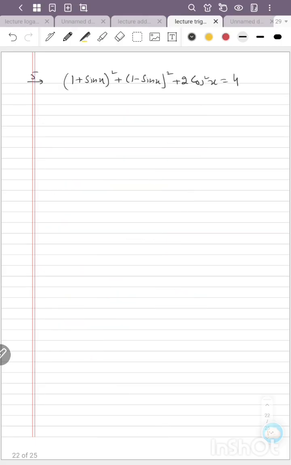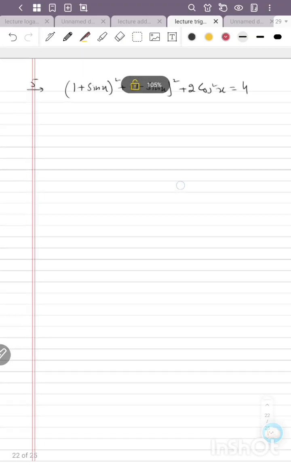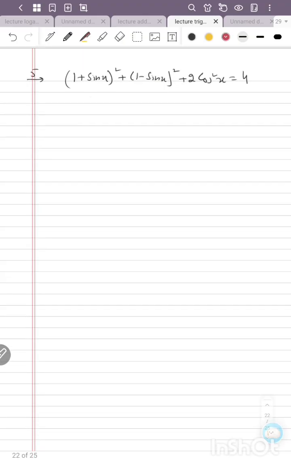Okay, dear student, we have to solve this question: how to prove this identity. For this purpose we have to open this, 1 plus sin x squared. We know the identity opens as 1 square plus sin square x plus 2 sin x.